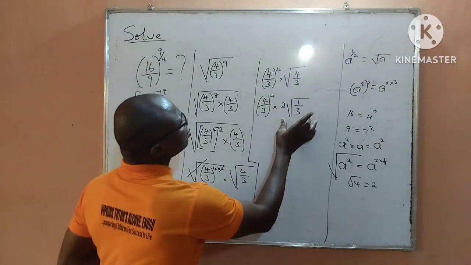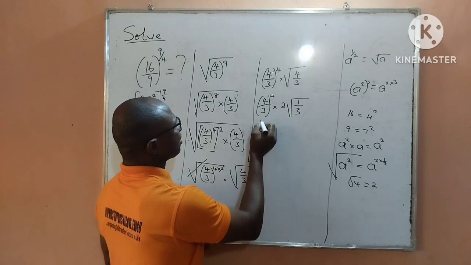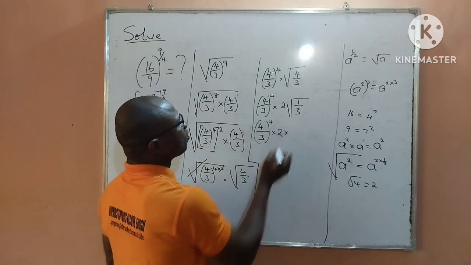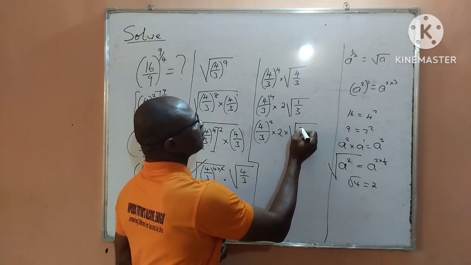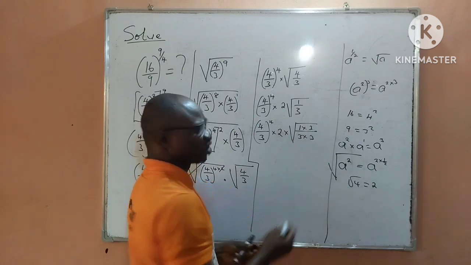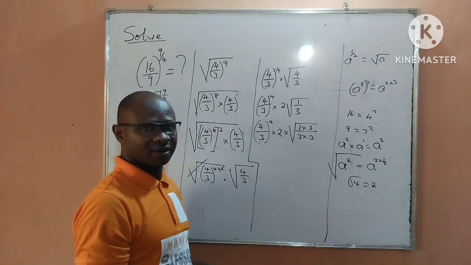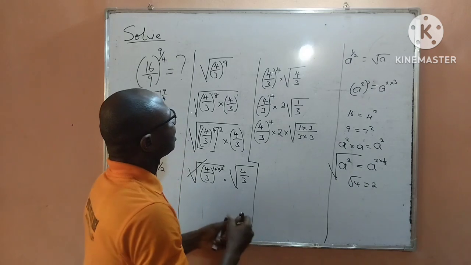Therefore, I can also write this as 4 all over 3 raised to the power 4 multiplied by 2 multiplied by the square root of 1 multiplied by 3 all over 3 multiplied by 3. What I did at the numerator, I also did at the denominator, so that the expression still remains balanced.